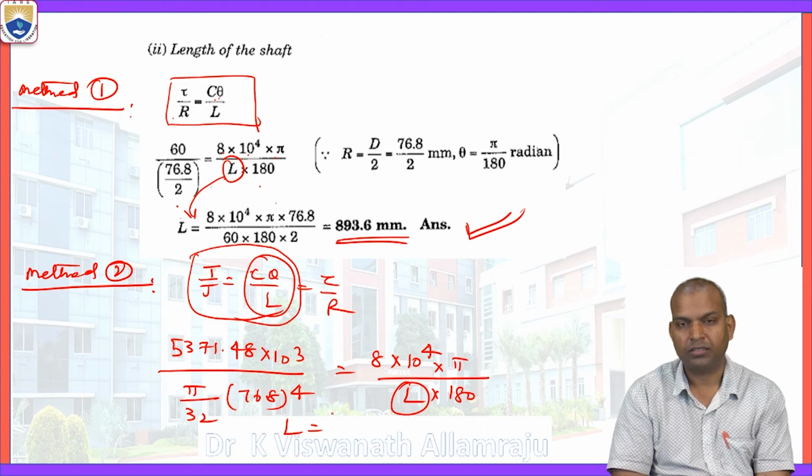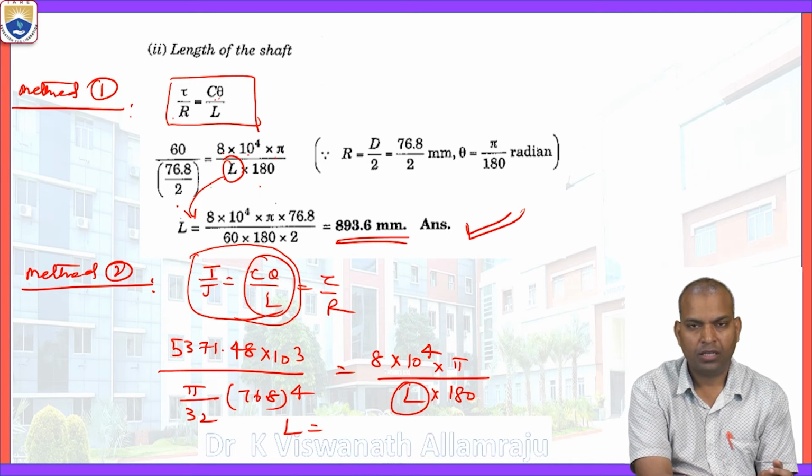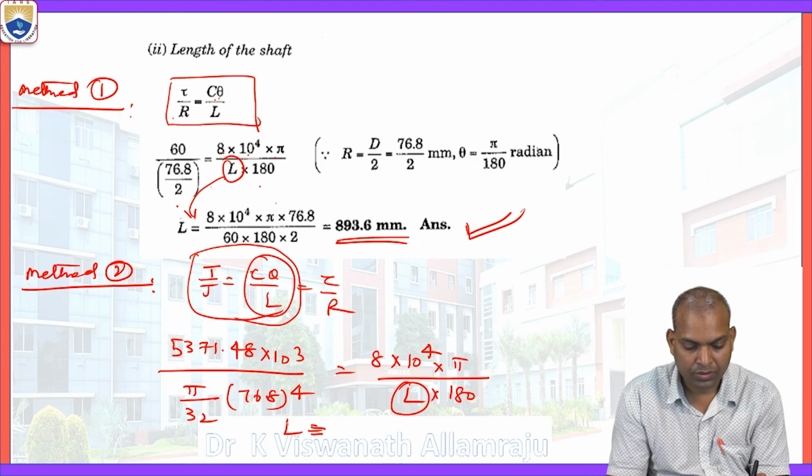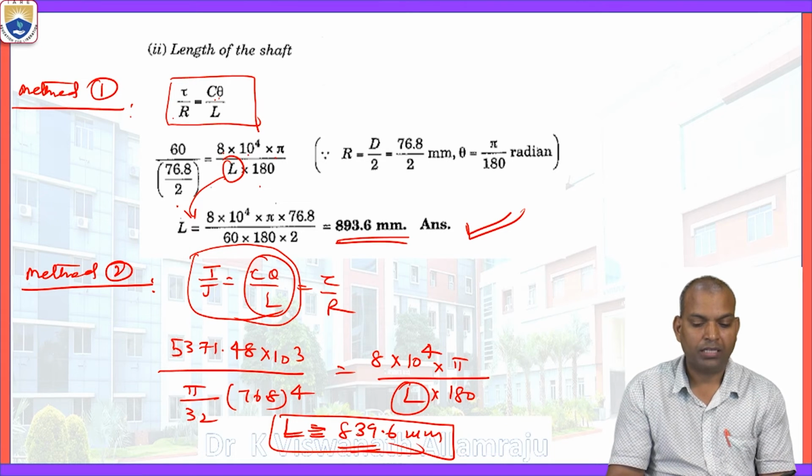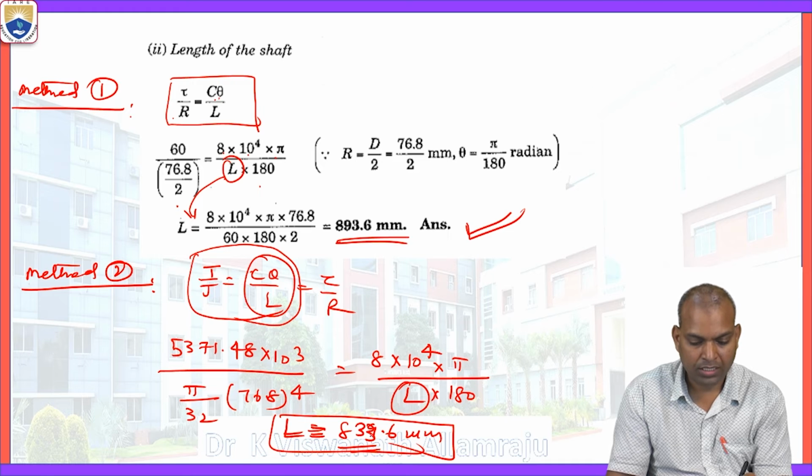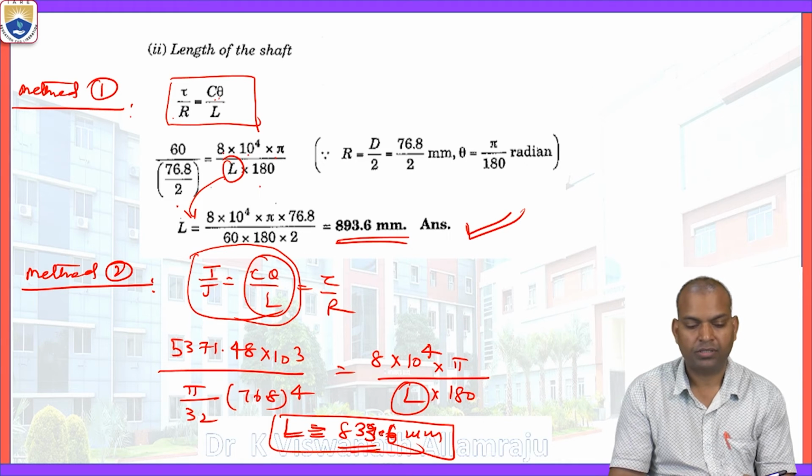This is another method. It is not necessary tau by R equal to C theta by L. It is also T by J equal to C theta by L. But by using this, what is the L value? The L value should be obtained similar, then only it is valid. 893.6 millimeters.